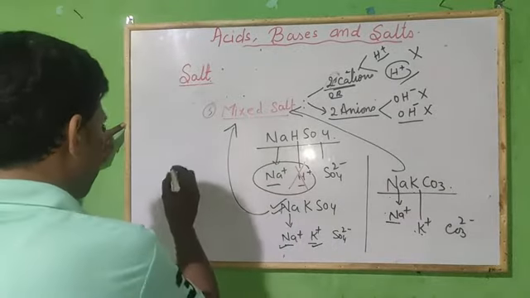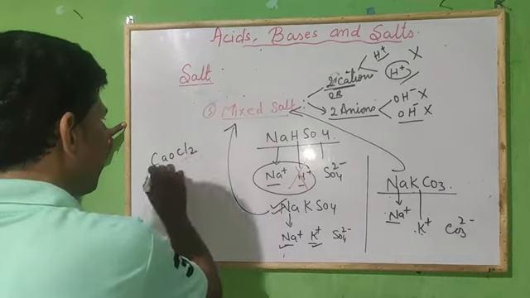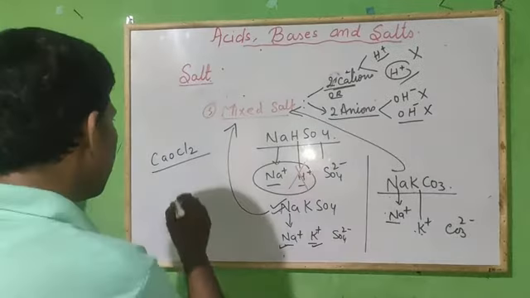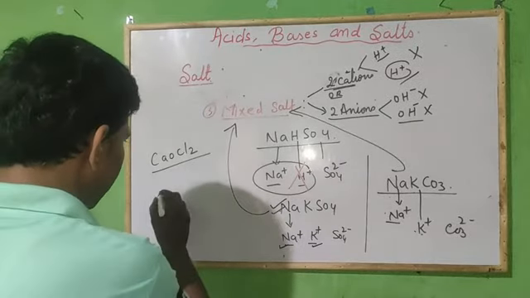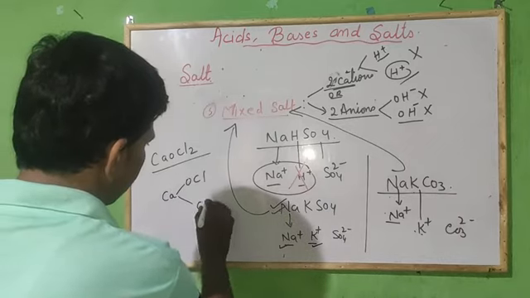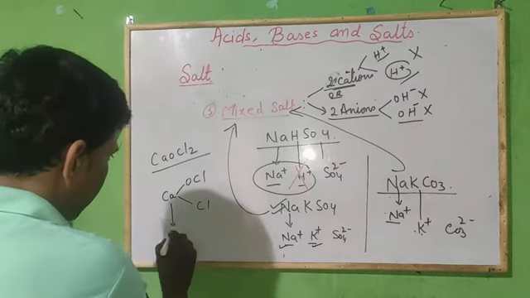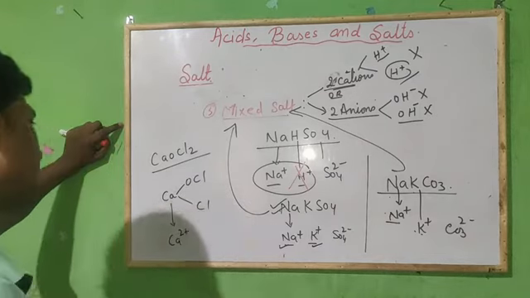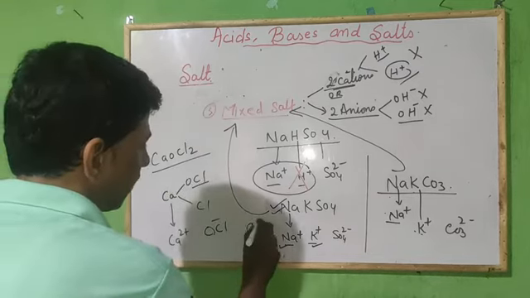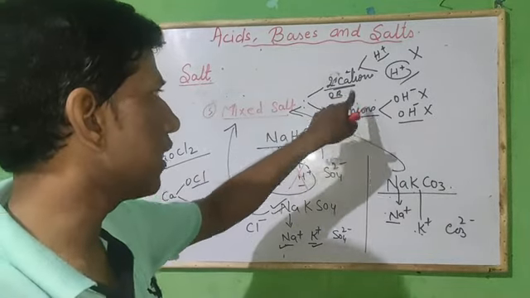Also, bleaching powder is one more example you can take, CaOCl2. The chemical name is calcium oxychloride, that is bleaching powder. Here we will check how many cations are there. It will form Ca2 plus, one cation, and two anions. The condition is either two cations or two anions.